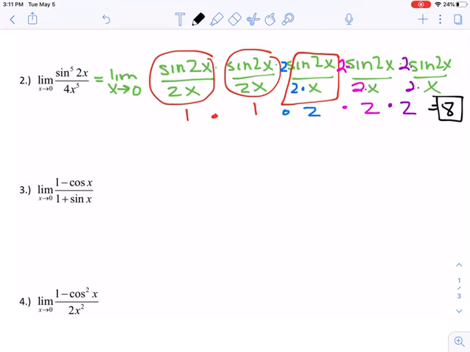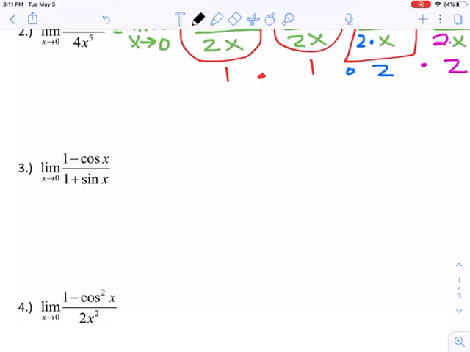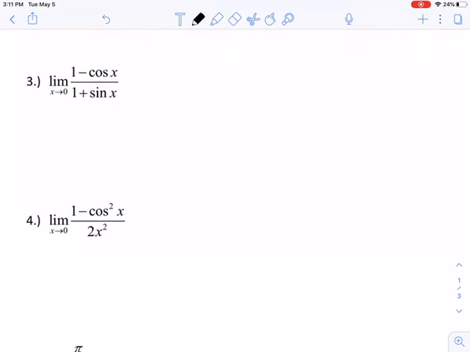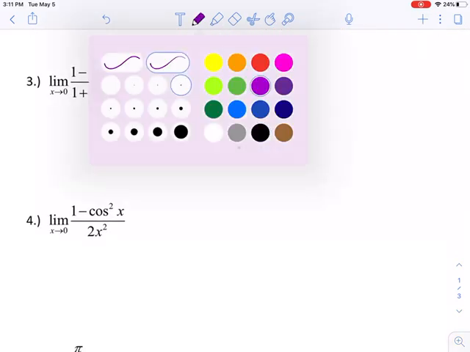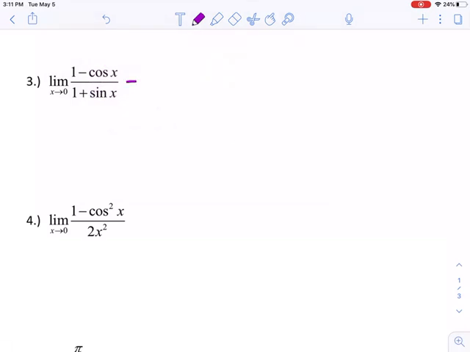Now for question number 3, when I plug a 0 in, I don't have a denominator of 0. If I don't have a denominator of 0, then I can go ahead and just evaluate it. So looking at question 3 now, I can plug my 0 in for my x's, and I'm going to have the limit as x approaches 0 of 1 minus the cosine of 0 all over 1 plus the sine of 0.